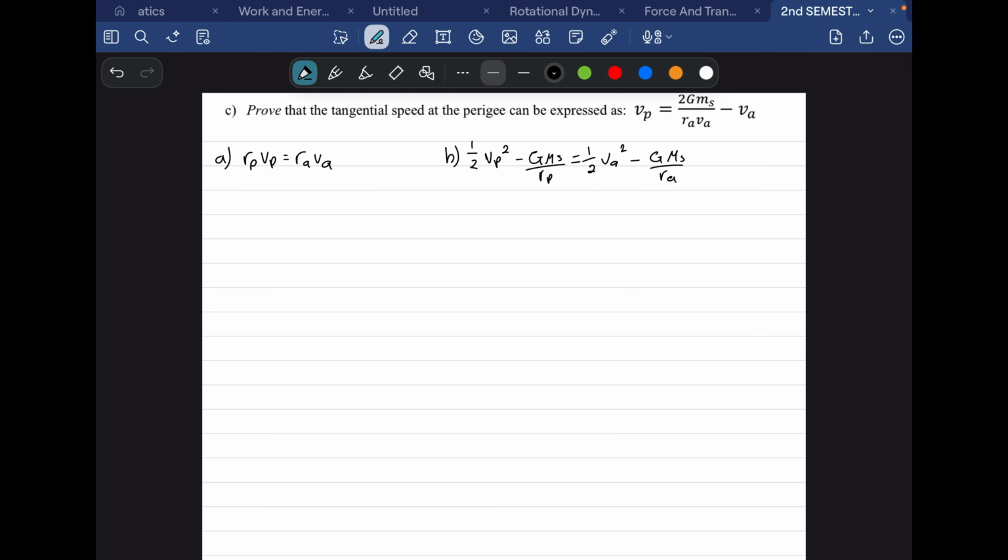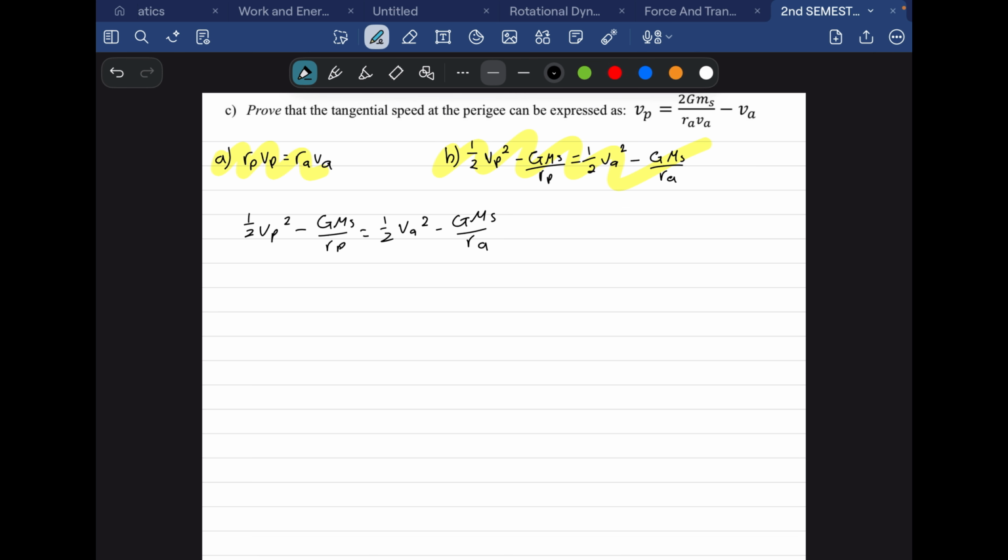Okay, so for part C, we have to prove that equation right there, and I have already rewritten what we found in part A and part B, so we use this to prove part C. Okay, so first we'll try to find V. V perigee squared minus GMS over R perigee is equal to 1 over 2 V apogee squared minus G mass of the sun over R apogee, right?